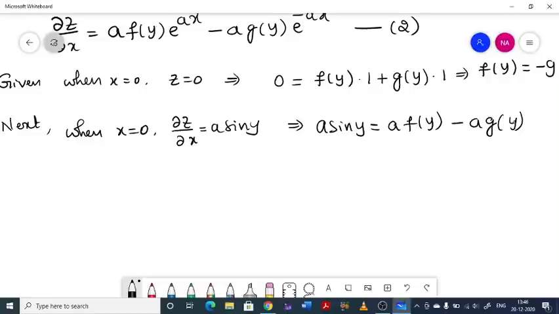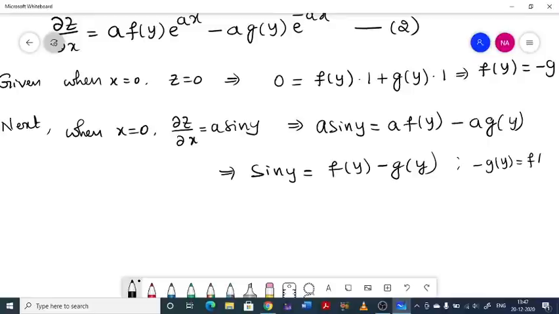So you can cancel a on both sides, so that implies you will get sin y equal to f of y minus g of y. But we have minus g of y equal to f of y. So substituting that here, sin y equal to f of y plus f of y.